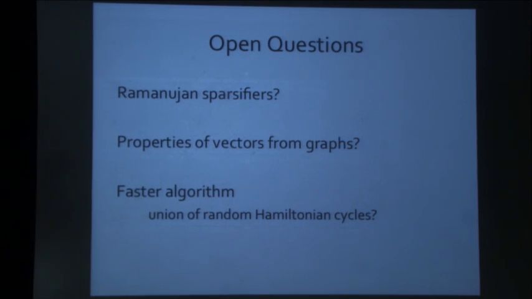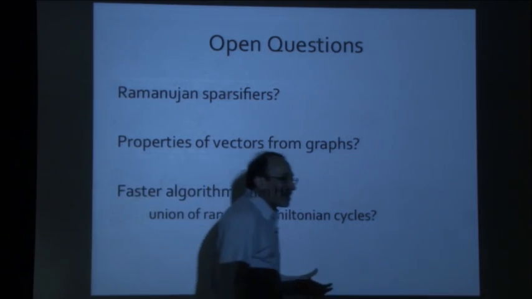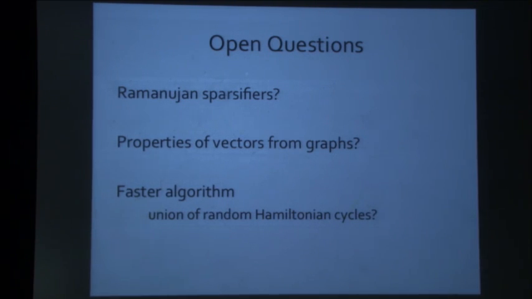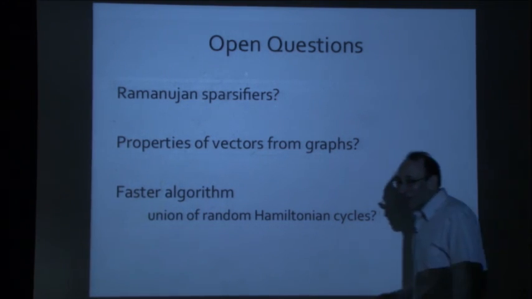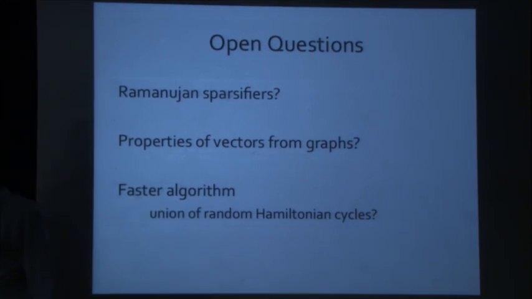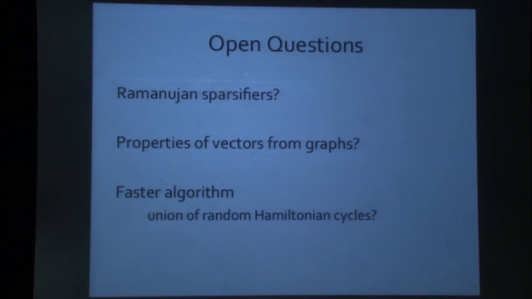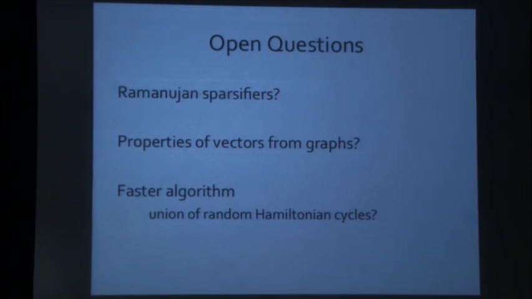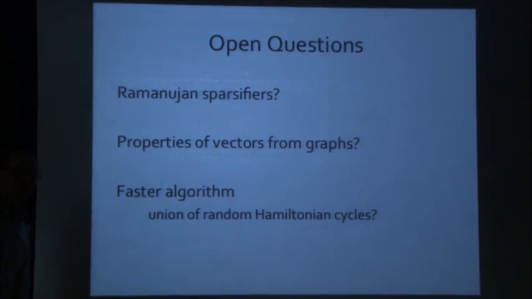If I take d of them in the complete graph, that is a great expander with good probability. For me, a big question is, can you do anything like that? Any nice random construction that probably builds these for arbitrary graphs. Why am I so interested in this? Because I'm doing this for algorithmic purposes. At least that was my initial motivation, of trying to solve systems of linear equations. And this algorithm is too slow to really be used for that.